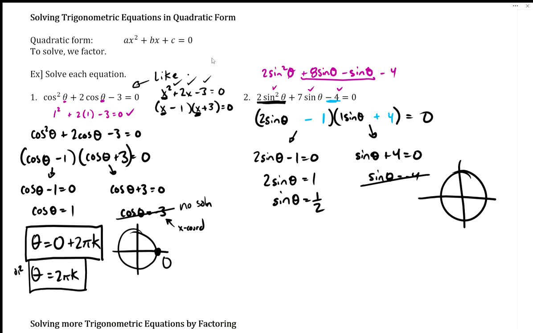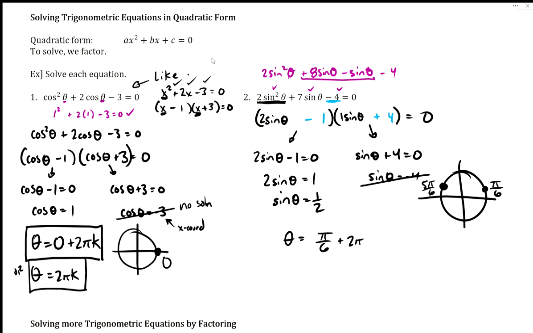Sine of theta equaling 1/2 would be in quadrant 1 and quadrant 2, close to the x-axis. So that's our pi/6 and 5 pi/6. So our answer for theta is pi/6, and then we're assuming we're solving for all solutions.